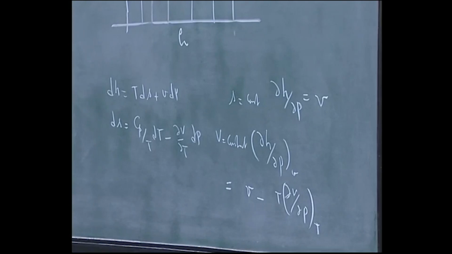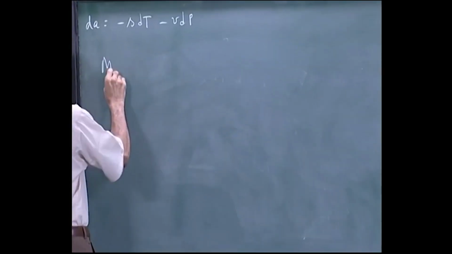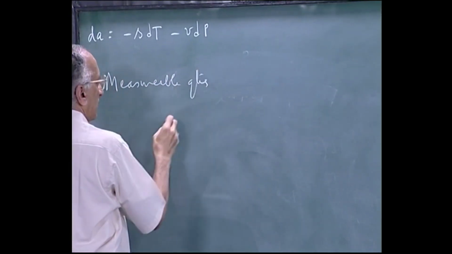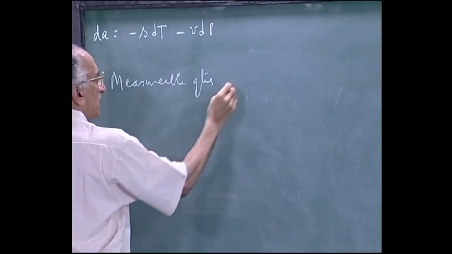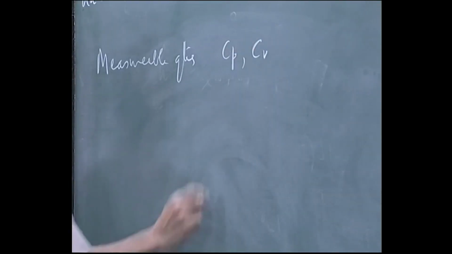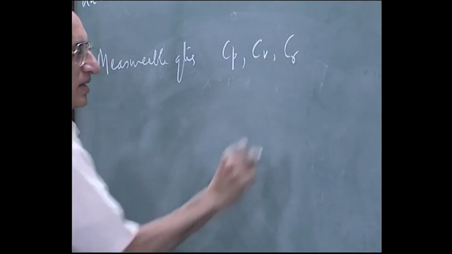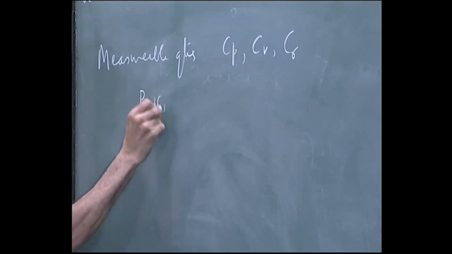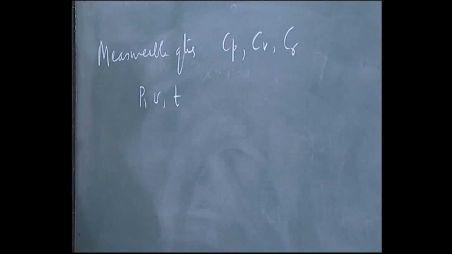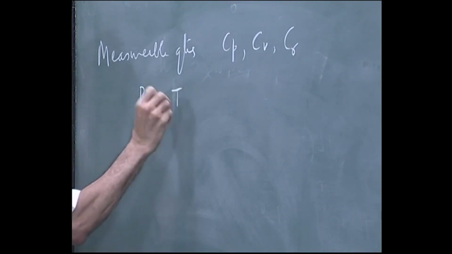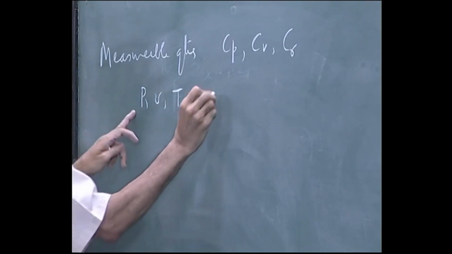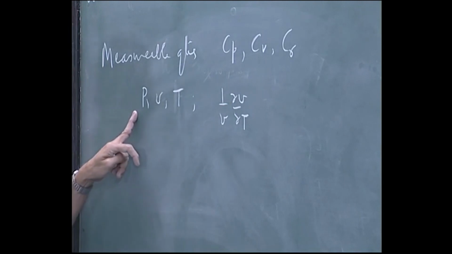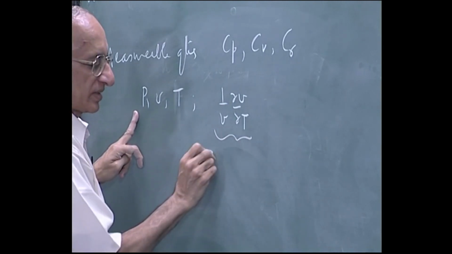When I have declared measurable quantities, we said the caloric measurements give you Cp, Cv and C sigma. I will discuss this later. The other quantities are P, V and T, or I will put capital T itself, absolute temperature, and then its derivatives. These are usually reported as 1 by V dou V by dou T. This is the expansion coefficient.